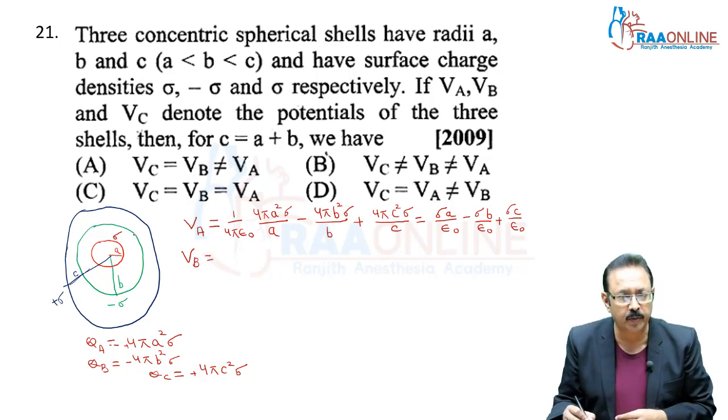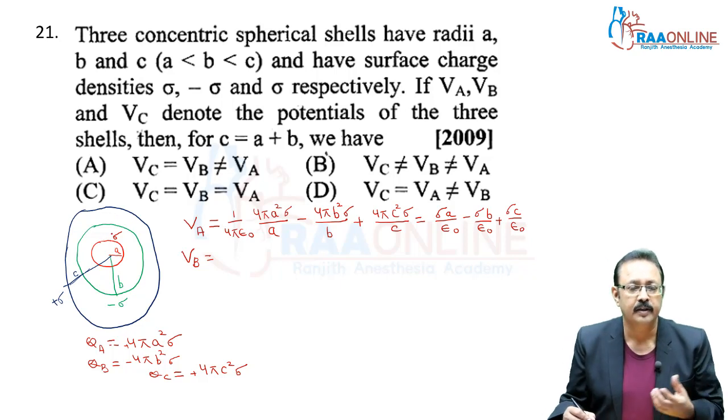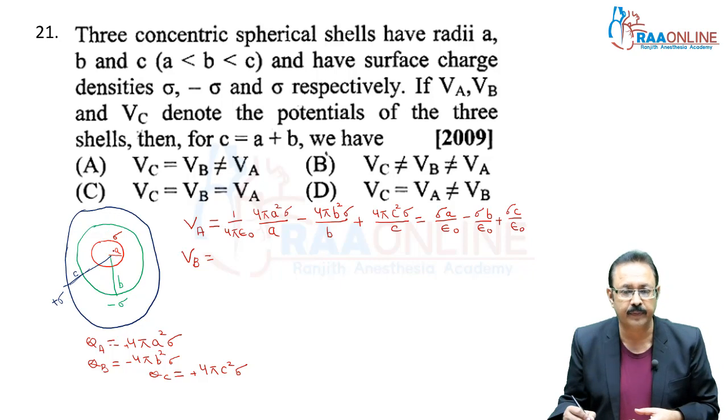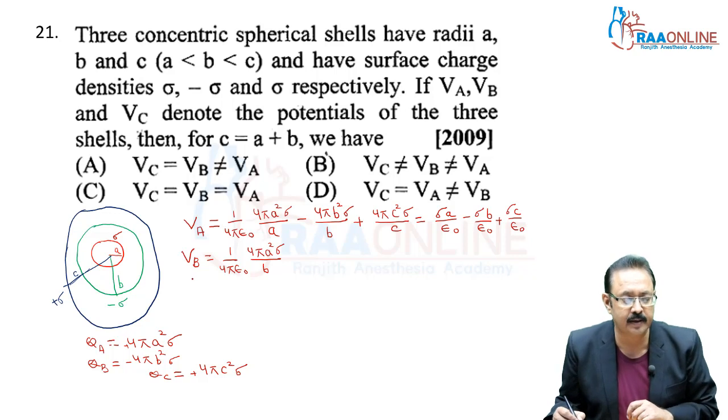When we talk about B, the whole charge of A will go on the surface of B. It cannot reside inside. So the distance of that charge from the center is also b. So due to the charge of A, its potential should be 1 upon 4πε₀ times 4πa²σ, but the distance is b.